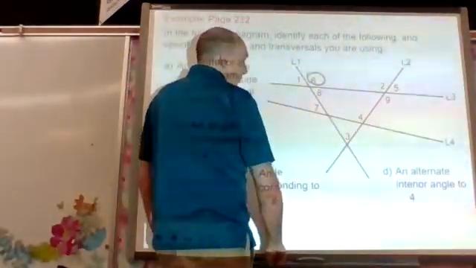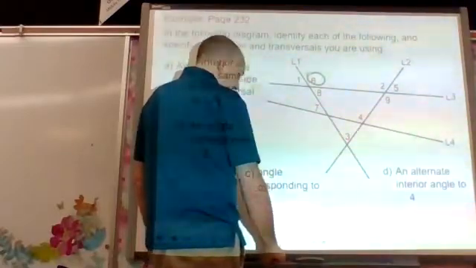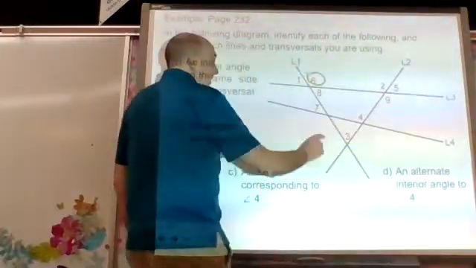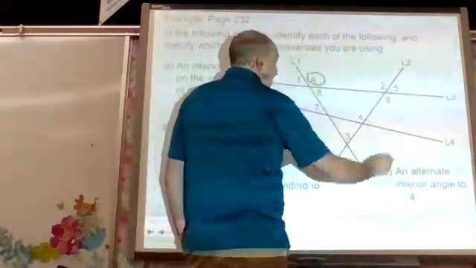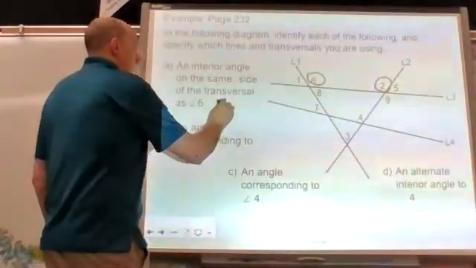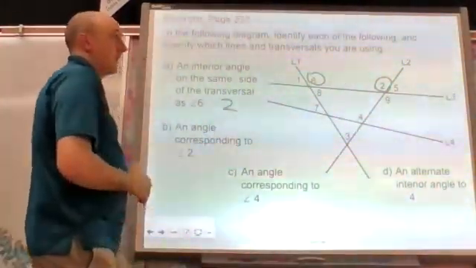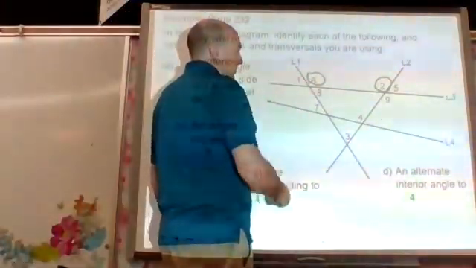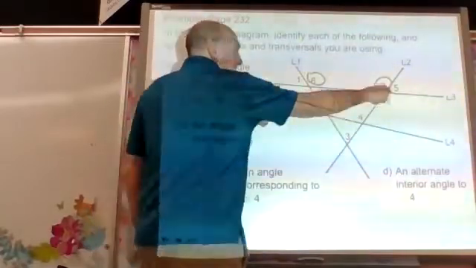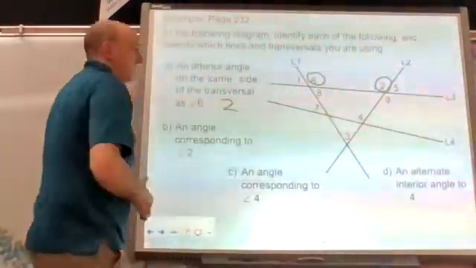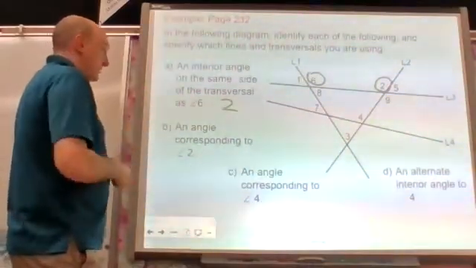But perhaps I think what this is looking for is considering L3, my transversal, because then 6 and 2 are both interior angles. Right? Otherwise, 6 is an exterior angle on this transversal. It's not on this transversal at all. We can't consider L2 to be one. It's not on L4. It's not on that transversal. So 6 and 2 are my best answers there.